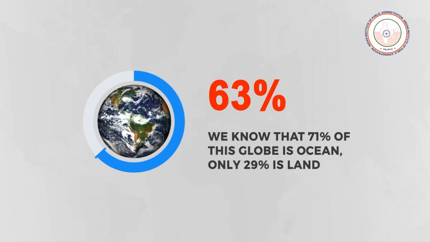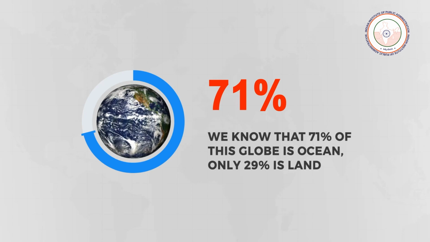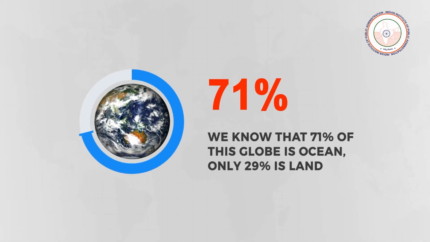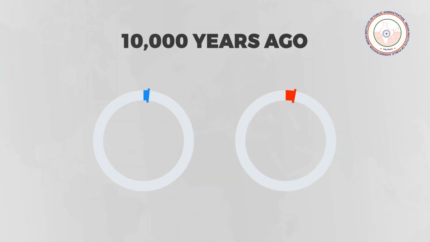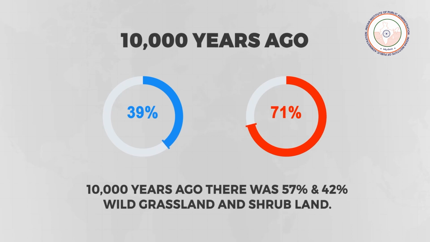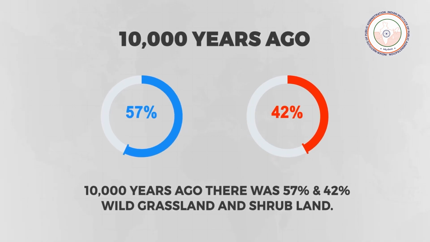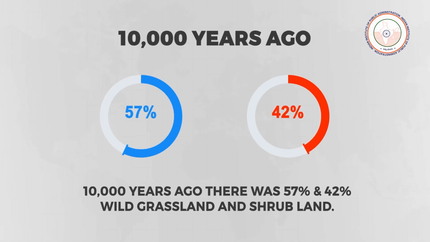We know that 71% of the globe is ocean and only 29% is land, and if we look back to the Ice Age, we are losing forests continuously. Earlier, we had 71% habitable land and 19% barren land. If you compare 10,000 years ago, there was 57% forest and 42% wild grassland and shrubland.